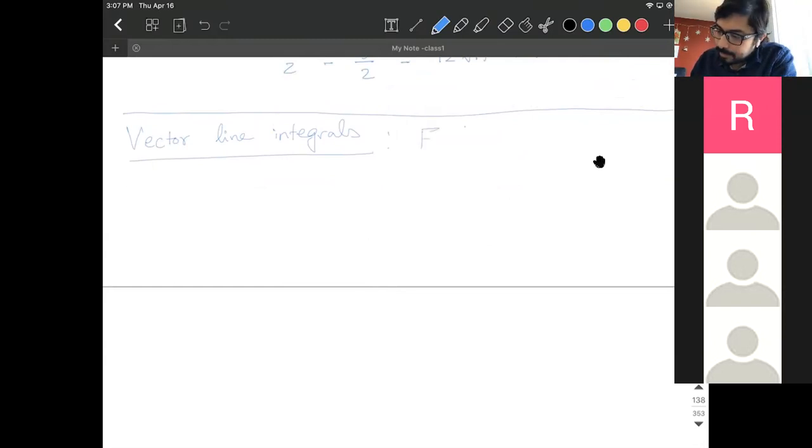So F is a vector field defined from a subset of R3 to itself. So this is the setup, and x(t) is a path.